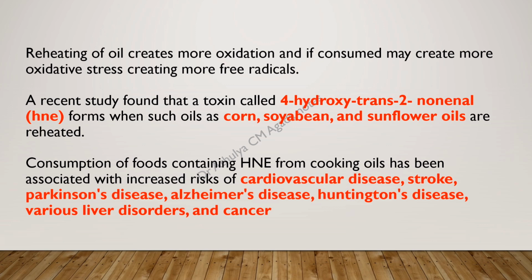And the consumption of the foods containing HNE from cooking oils has been associated with increased risks of cardiovascular disease, stroke, Parkinson's disease, Alzheimer's disease, Huntington's disease, various liver disorders and cancer.